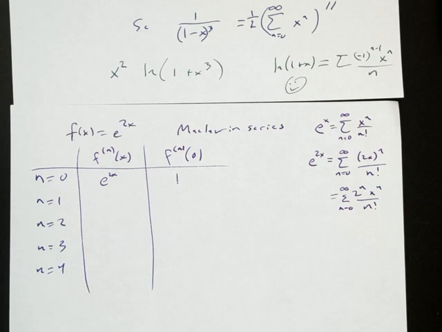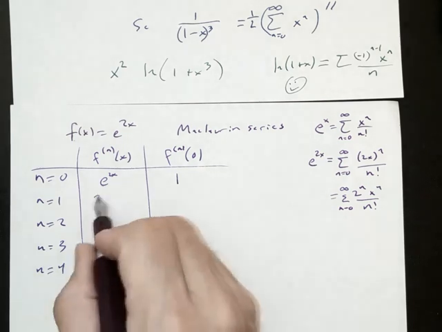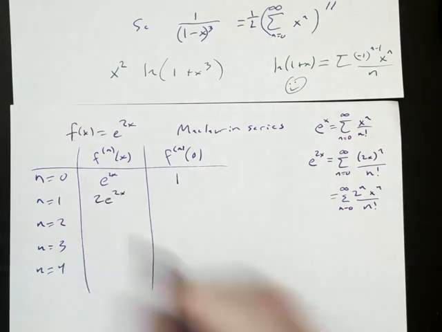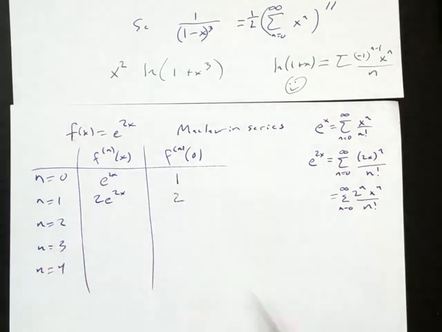What is the first derivative of e to the 2x? There's no trap. When I put in 0, I get 2. Keep going.